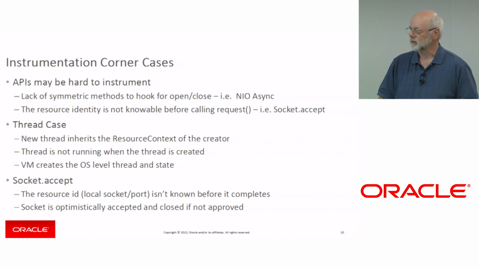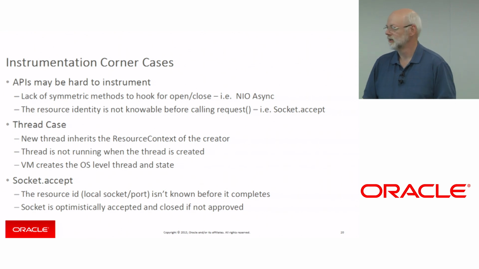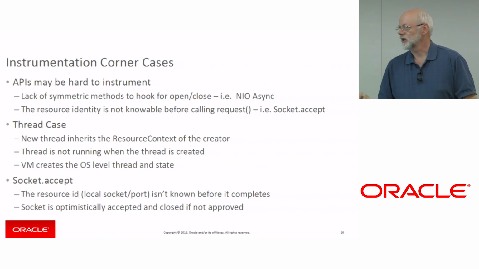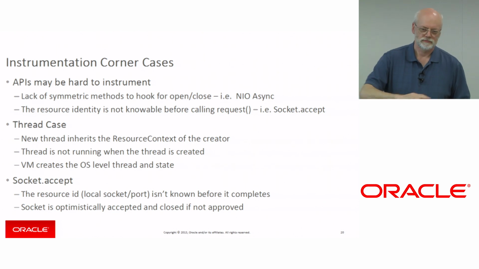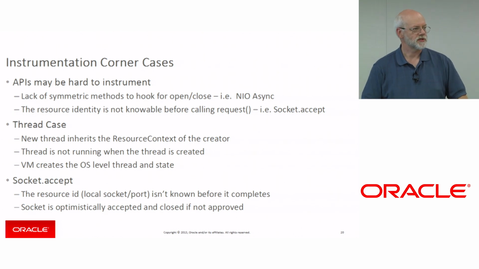So in that particular case, it optimistically accepts the connection, and then if the resource management says no, you can't do that, it closes it down. So it's a little bit of a fiction, but typically the way that we expected this to be pushed into existing applications was that normal operation was what drives the whole system.